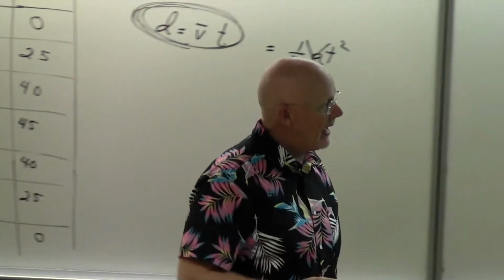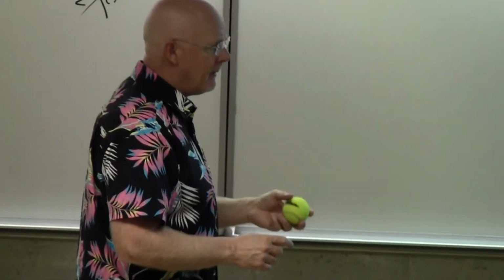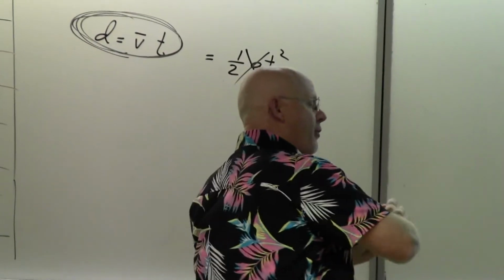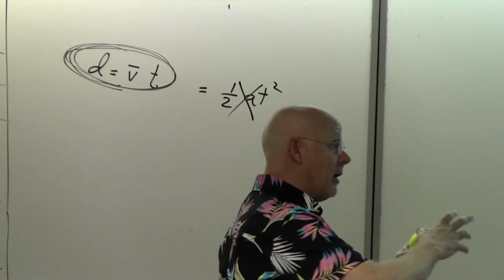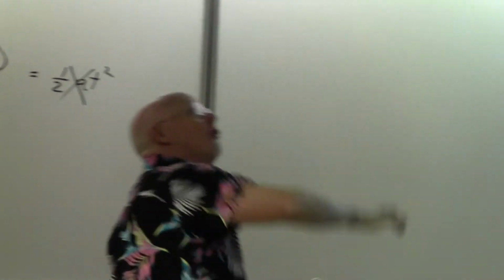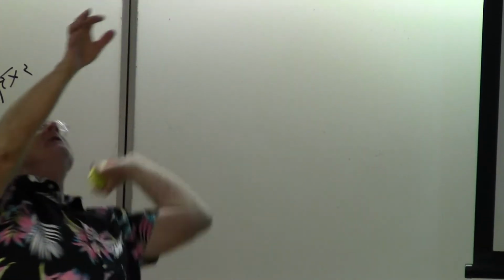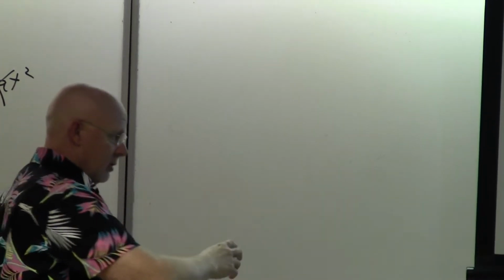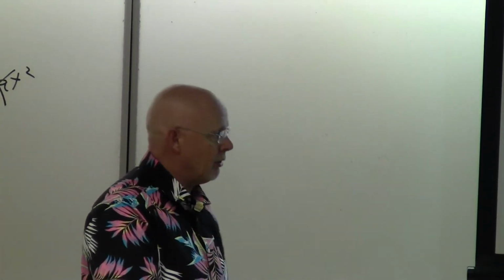A fun one to ask then is if you were throwing a baseball. Well, there I have a tennis ball. And let's say that no matter what angle I throw it at, I could throw it at 45 degrees, I could throw it straight up, which I'll call 90 degrees, or I could throw it horizontally, which I'll call 0 degrees.